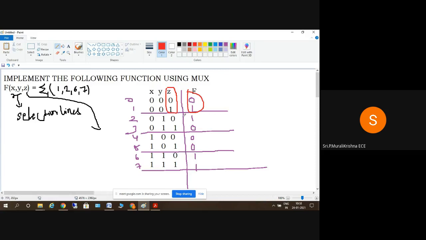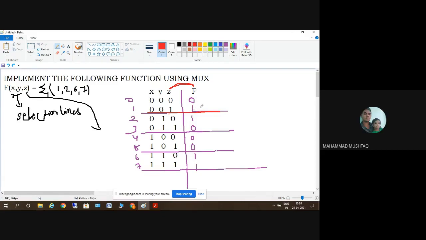So when I compare f and z, when selection lines are equal to 0, 0, what is the value of f? Columns of f and columns of z are compared here.